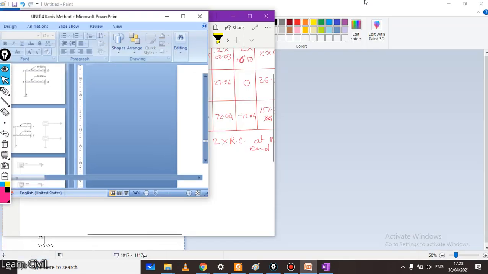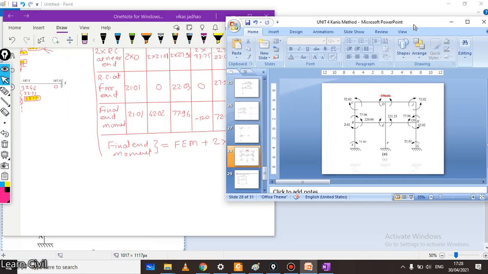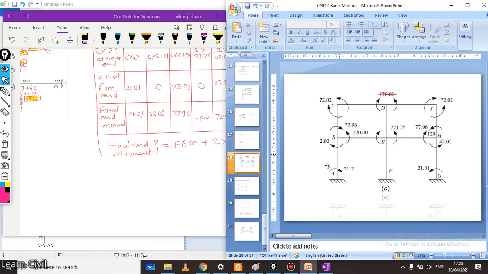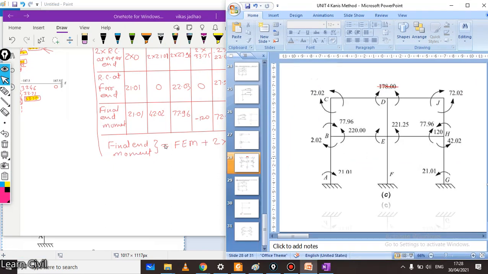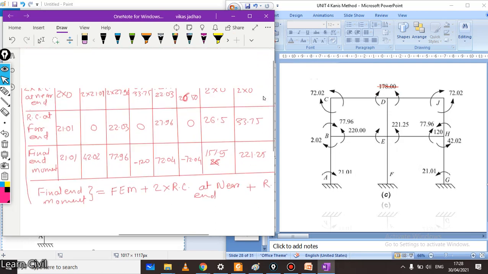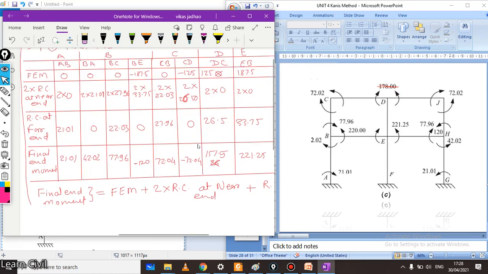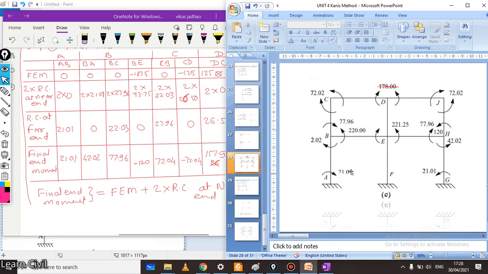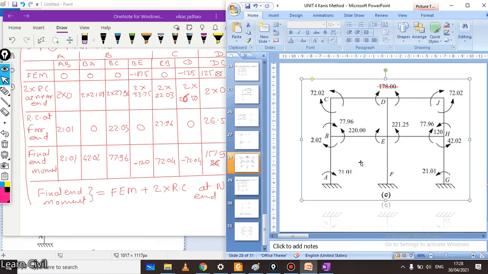Okay. And for the final bending moment diagram, if we plot the moments on this particular frame, the moments will be like this. You can see here at joint A, AB is equal to 21.01.